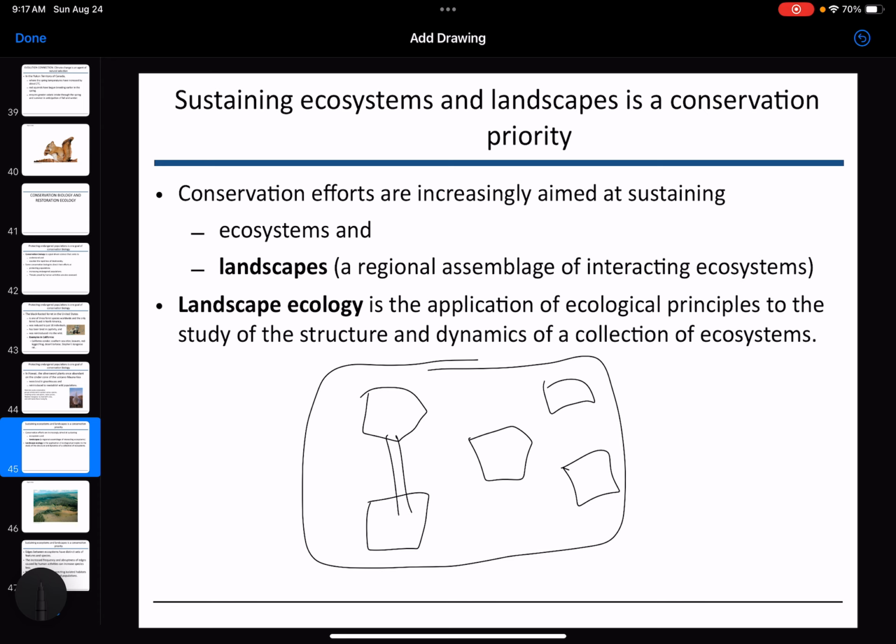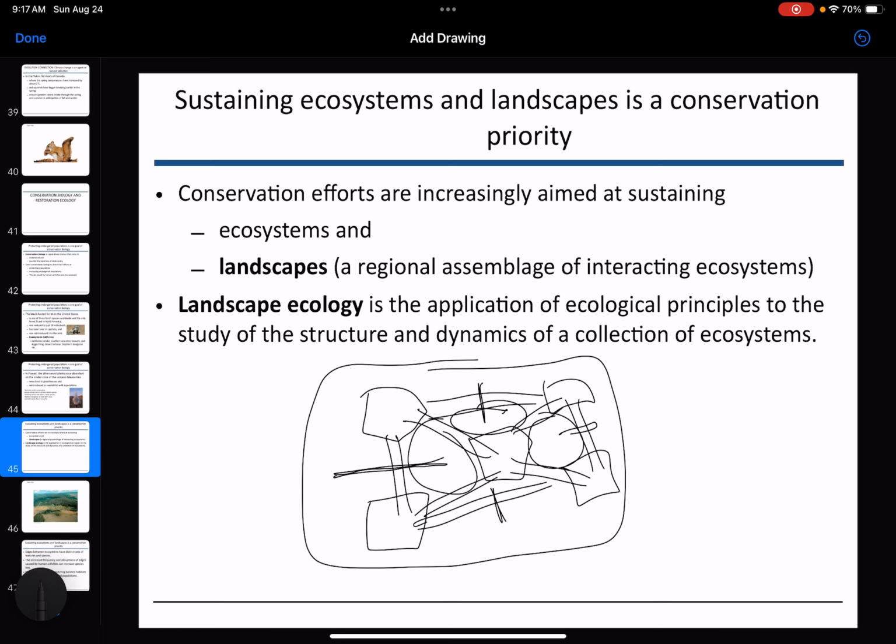If we have highways, right, and so on, we can really, really create challenges for species that are trying to move across, right? And so we create these fragmented areas.